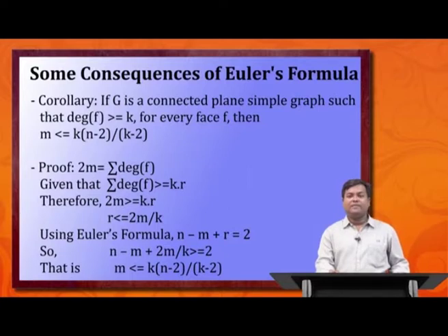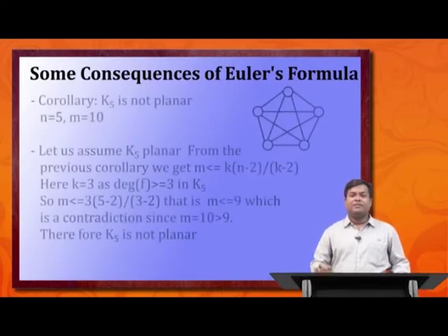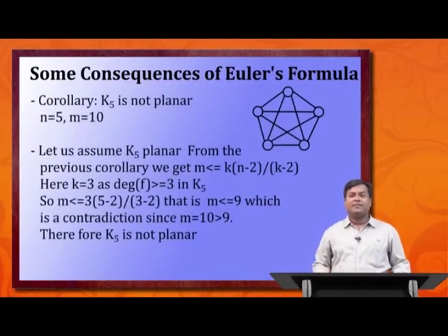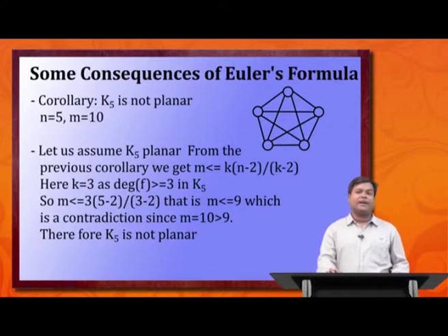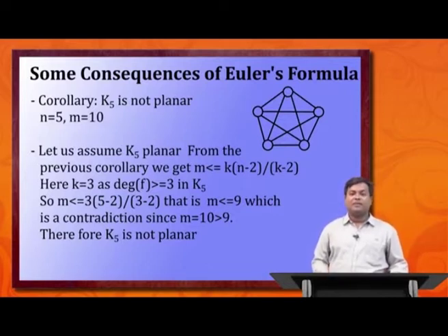Now with the help of this inequality, we also can check whether K5 is planar or not. We already know that K5 is not planar, but we can revalidate it. For K5, the total number of vertices is 5 and the total number of edges is 10, right? Now the value of k is 3, because if you see the K5 graph, every phase will contain greater than or equal to 3 edges.